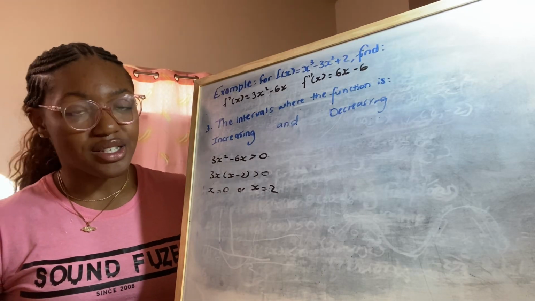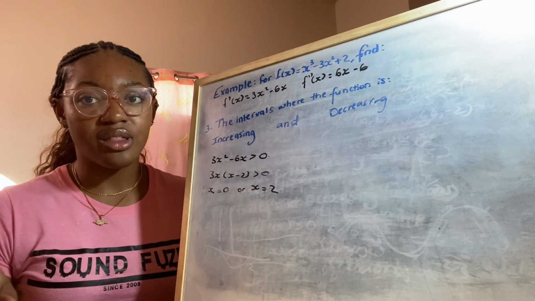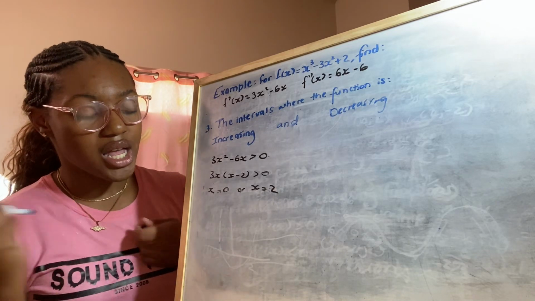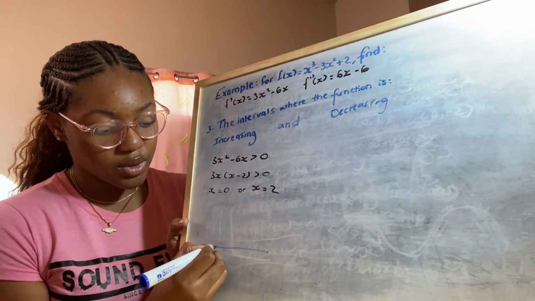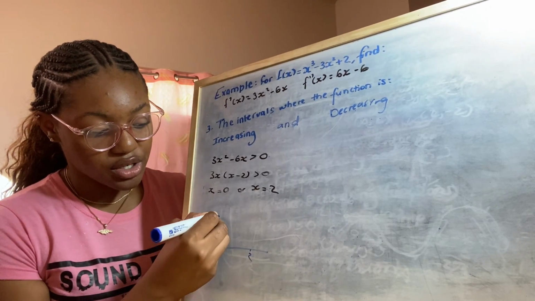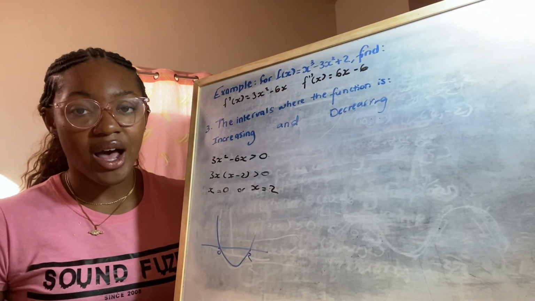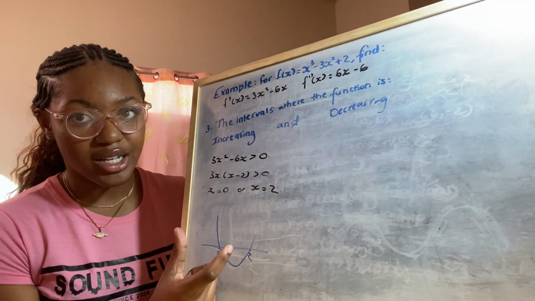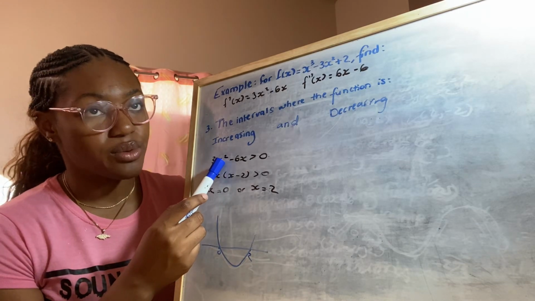So from here, since we know the critical points, in order to basically determine the interval, we can use a graphical method. So we're going to have 0 and we're going to have 2. Oh, I should have drawn the curve first. And notice how I draw the curve like this, because I'm looking at the coefficient of the squared term right here.